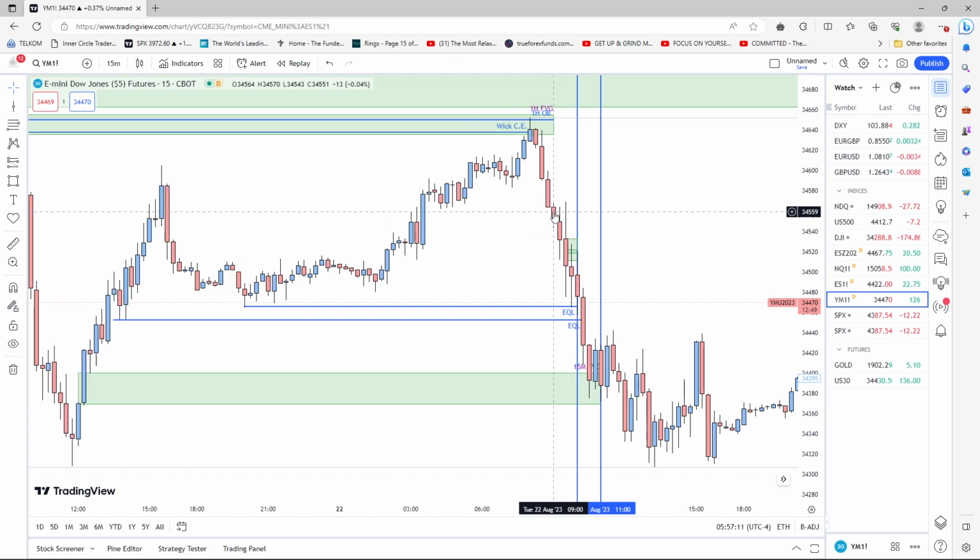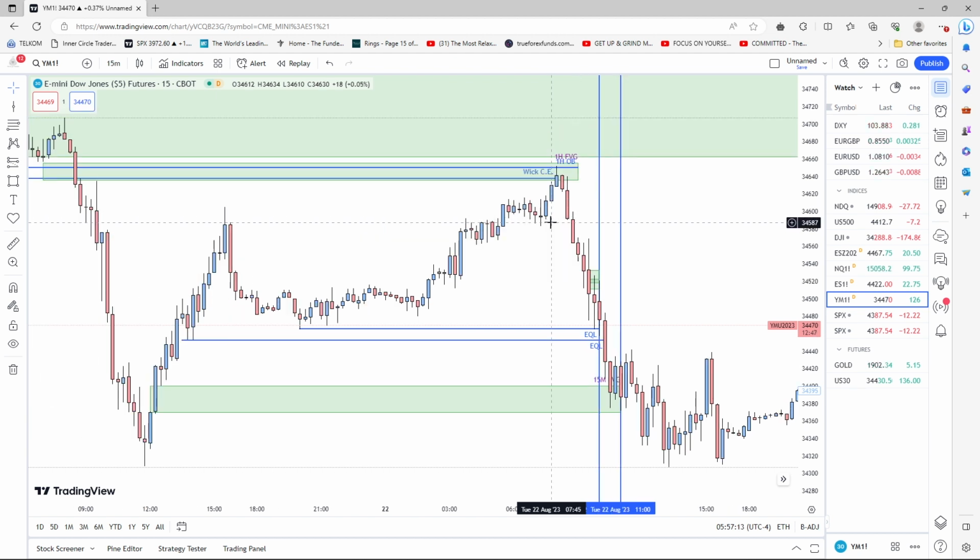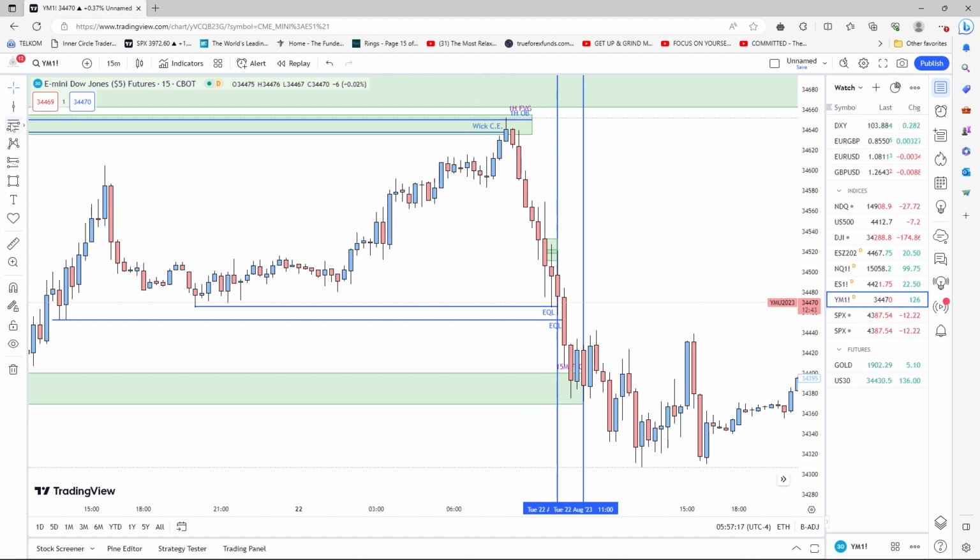Quite a tricky one, but I will look at a reclaimed block. Oh, yeah, right there. See that right there? That would be a reclaimed order block.